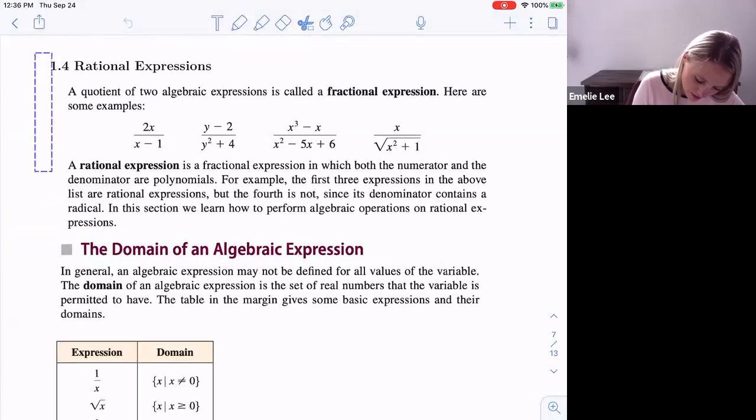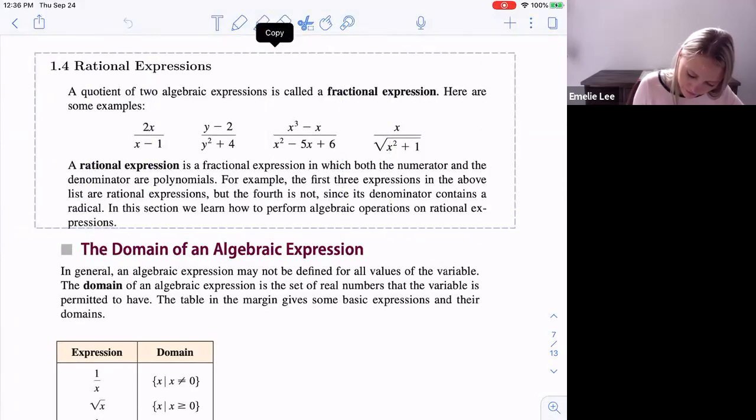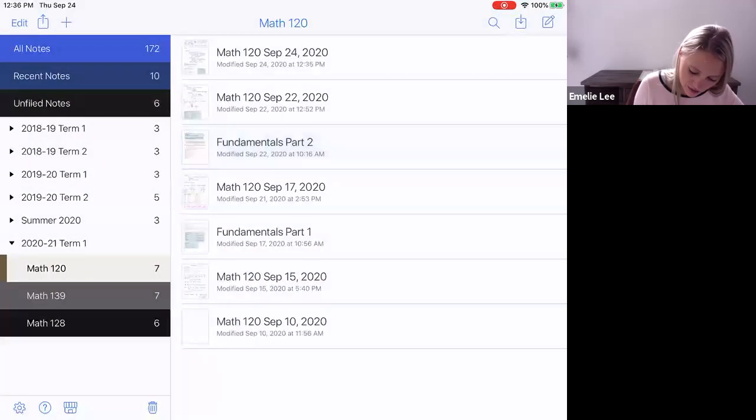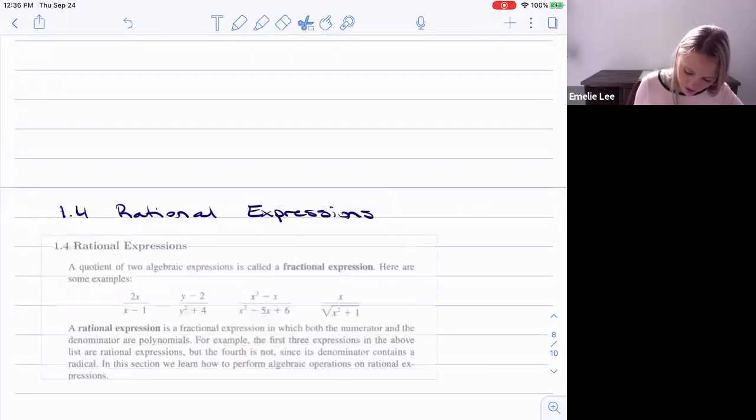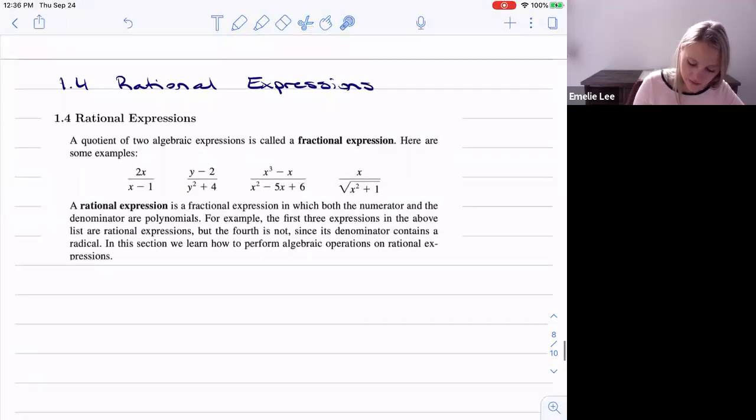Rational expressions are just anything where you've got some sort of, often a polynomial, either in the numerator or in the denominator, or a lot of the time both. So a rational expression is a fractional expression.